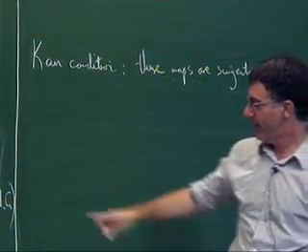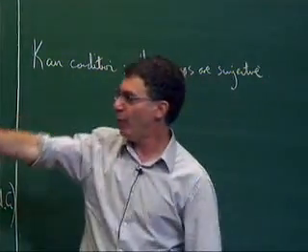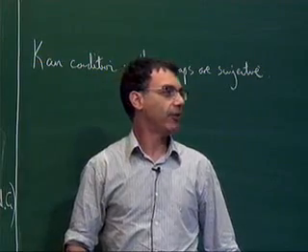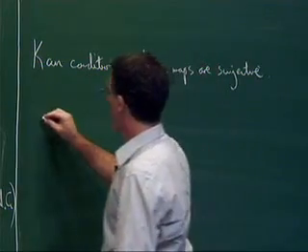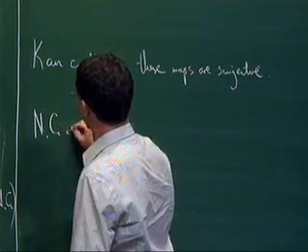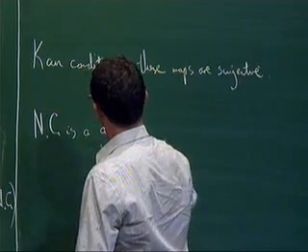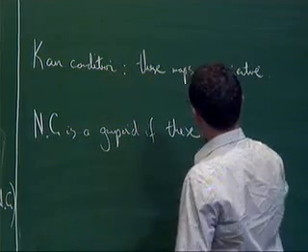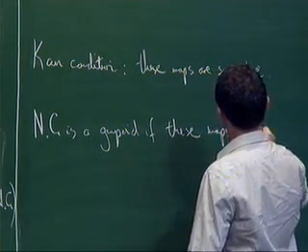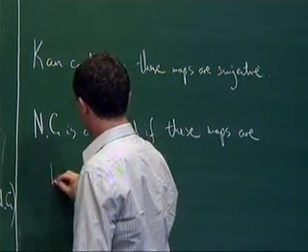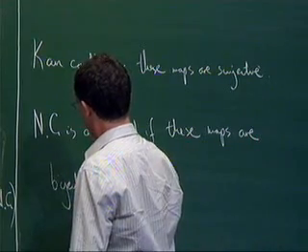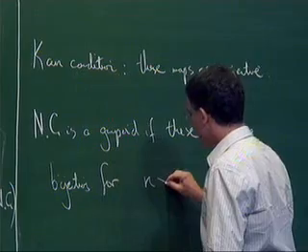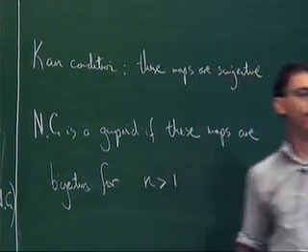And the condition for us to have the nerve of a groupoid is that these maps are bijections, for n greater than 1.